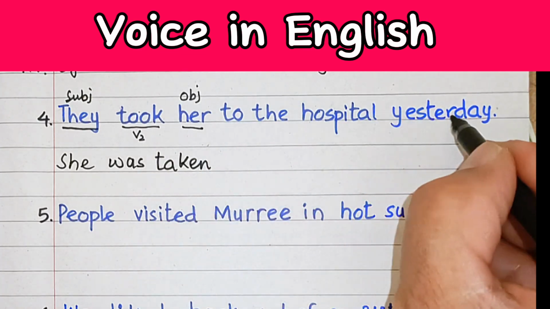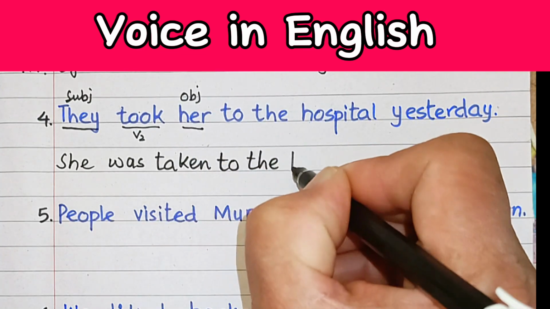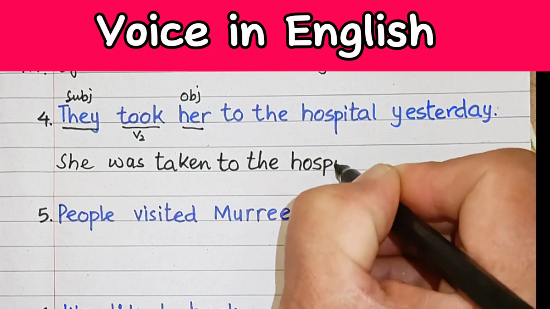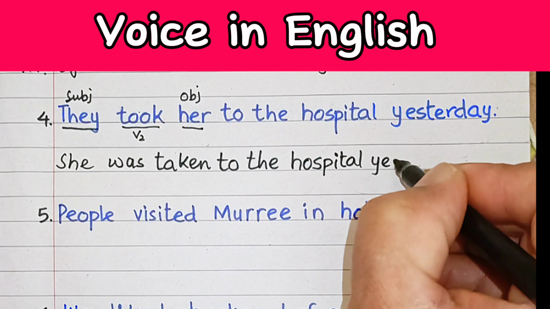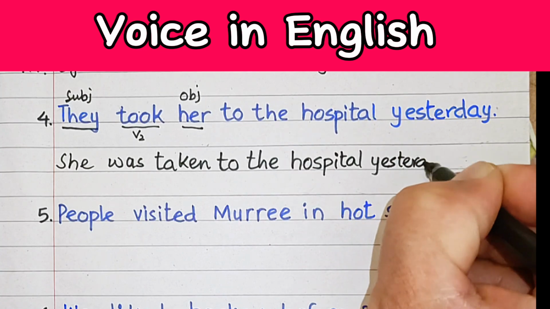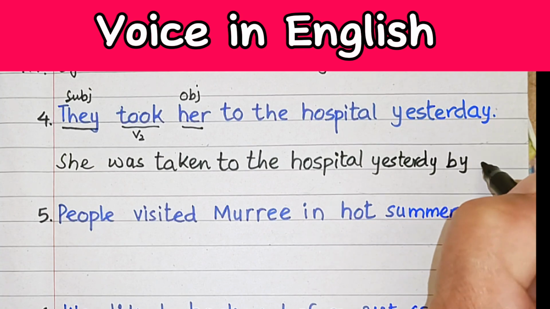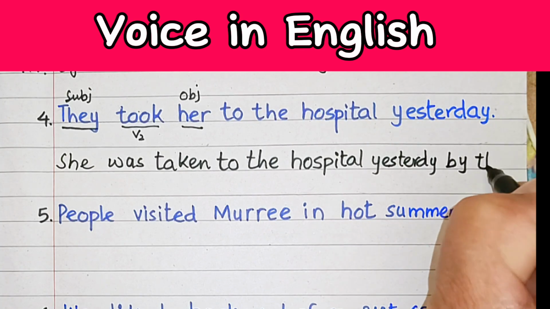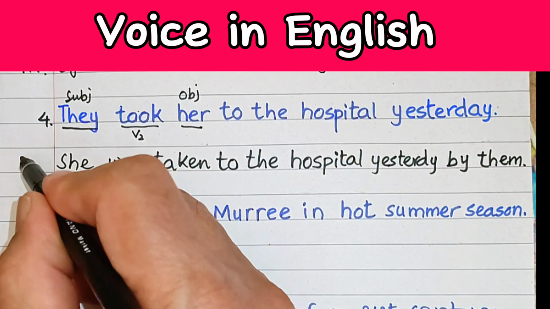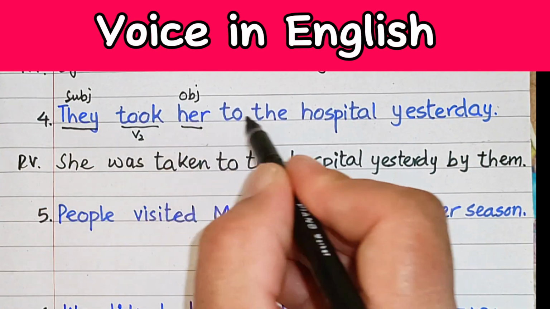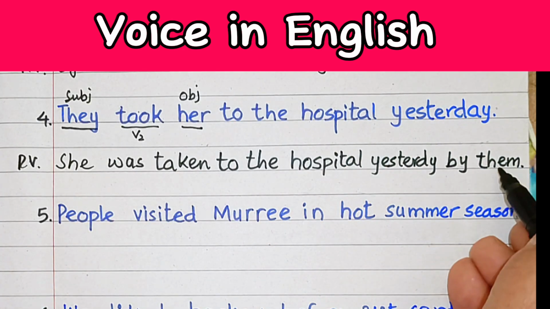Where? To the hospital yesterday. By whom? By them. That was the subject. Now the doer remains the same, but the case gets changed from they to by them. So this is the passive voice structure. They took her to the hospital yesterday. She was taken to the hospital yesterday by them.